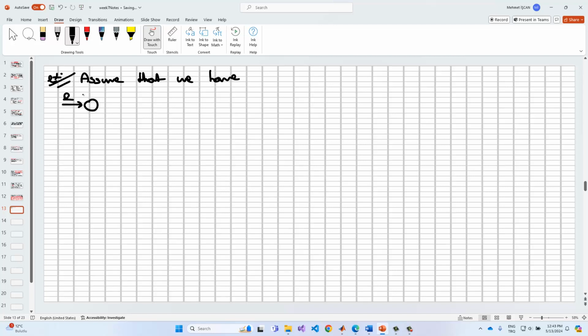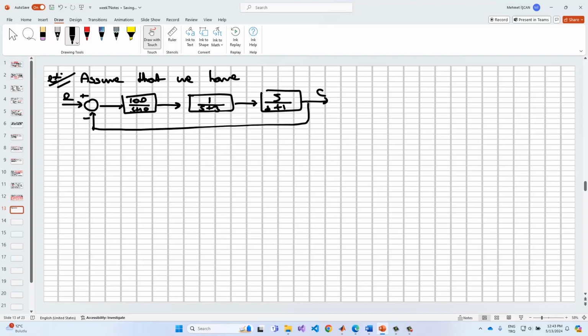R, plus minus, 100 divided by s plus 10, 1 divided by s plus 3, 5 divided by s plus 1. Okay, and so C is given in here, and this is the unity feedback. And so what's the question? Determine the stability. Okay, so the solution is simple.